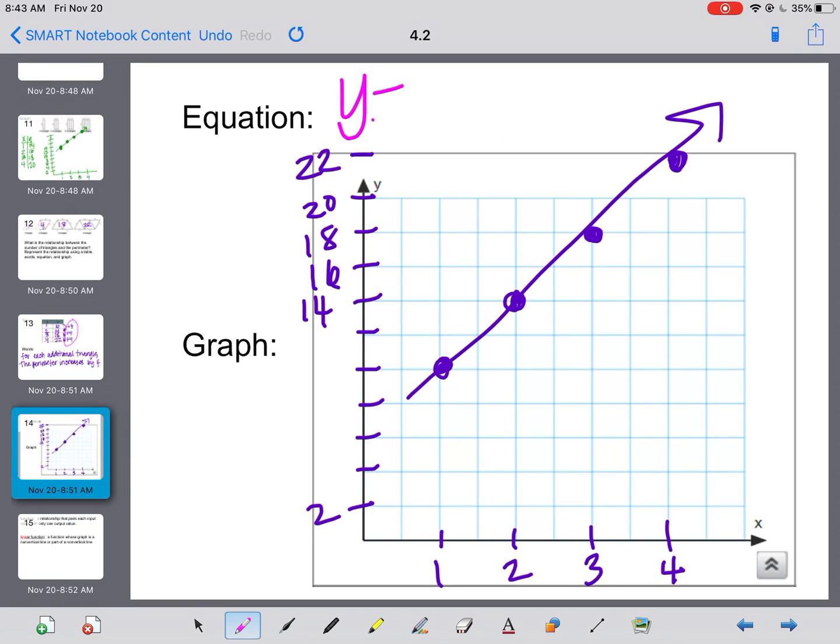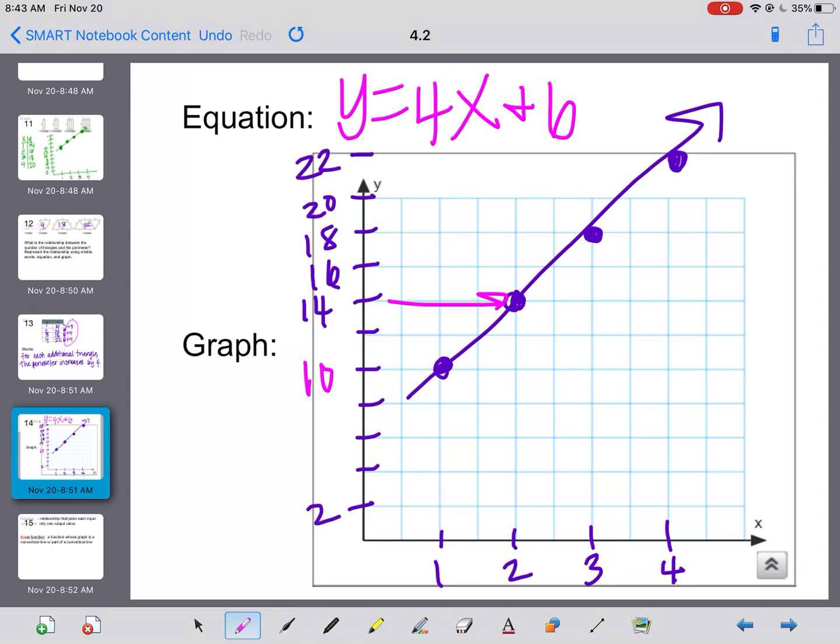Now the equation. Remember that we said it's changing by 4. So we know that that's what's going to go with our variable. So we have y equals 4x. Now what else do I need to do to that so that it works out? If I plug a 1 in here, 4 times 1 is only 4, but I need it to be 10. So I would have to add 6.